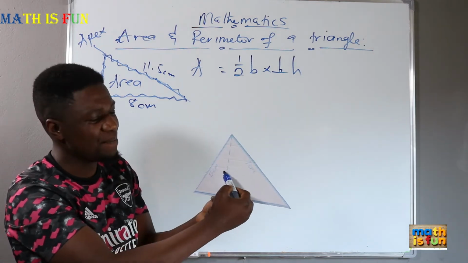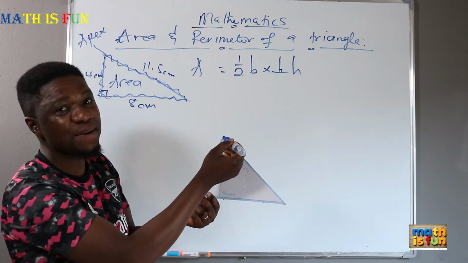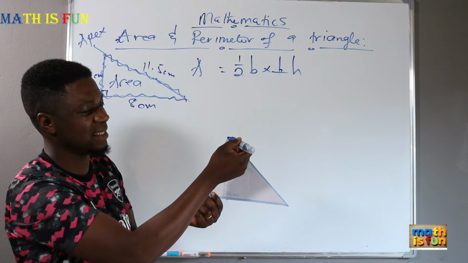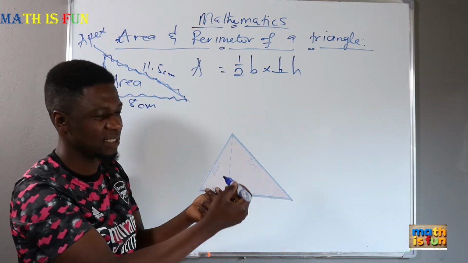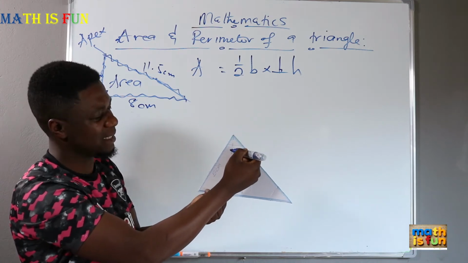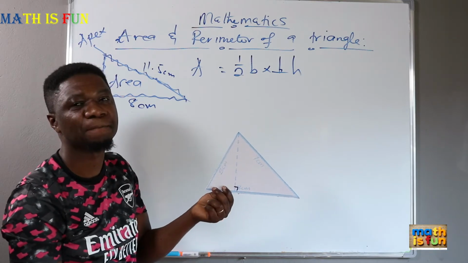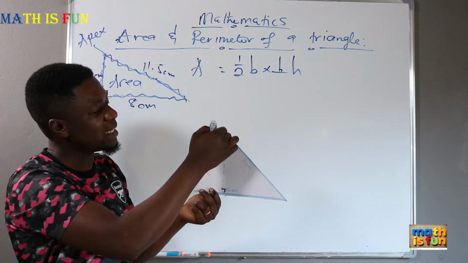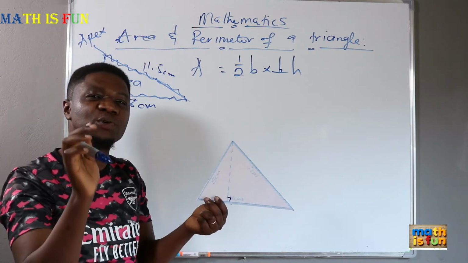This will be my perpendicular height, because if I draw a line from the apex, or from this vertex, I'm using apex because it is the highest point of the triangle. From this apex down, a straight line that gives me a 90 degree angle here, then it means this one is now going to be my height. So when questions are given to you, please check.